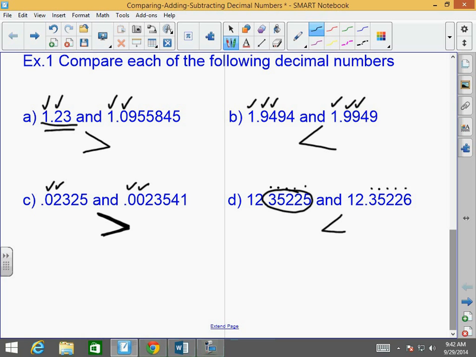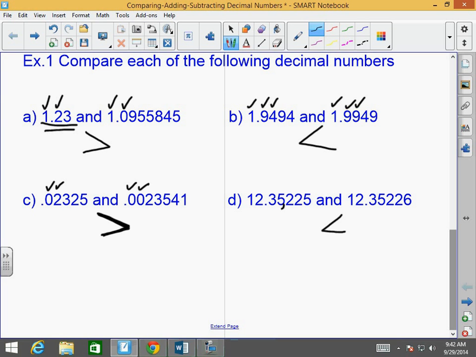Does anyone have any questions on how to read decimals still? Because I want to help you. Yes, sir. So when it has such a big number, it's hard to read without the comma. Okay, that's a great point. My boy just finished saying sometimes you don't have the commas. Okay, well, put the commas. You have to have 1, 2, 3 numbers, comma. If that makes your life easier, right?